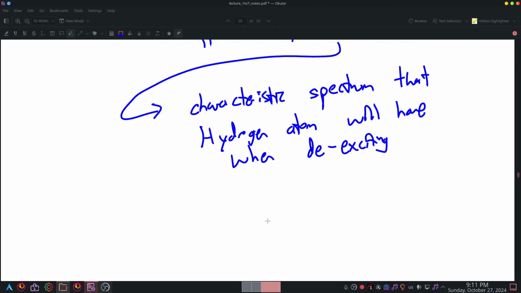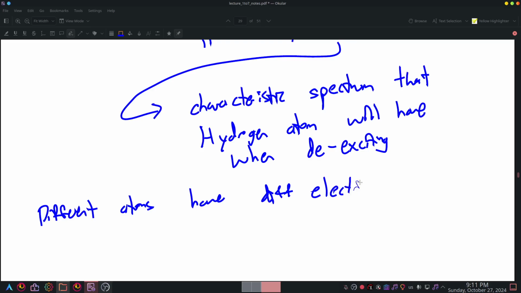That's why you will have different spectra for different atoms. Different atoms have different electric fields, and their force fields are different.